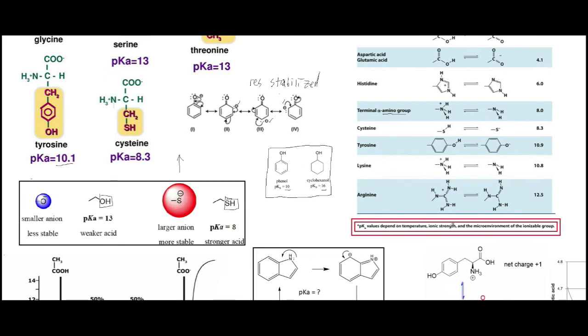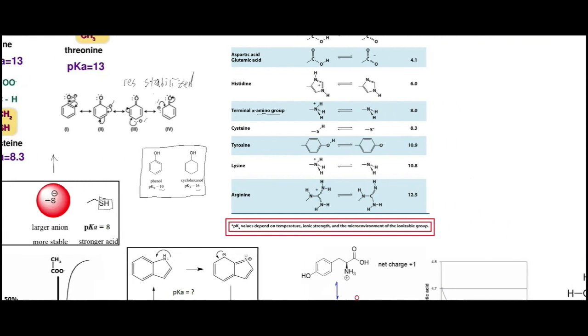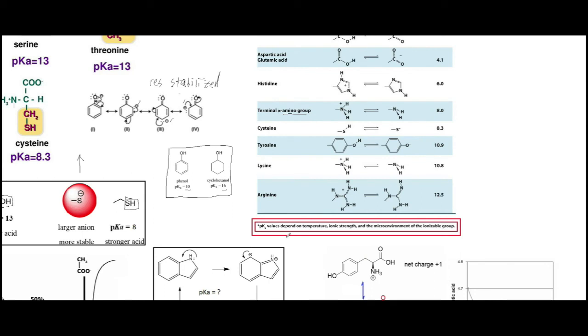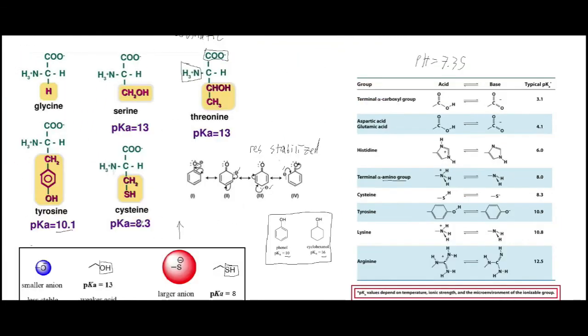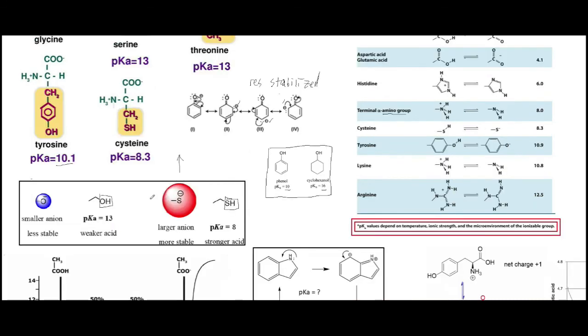I have this double boxed here, and it says that the pKa values depend on temperature, ionic strength, and the microenvironment of the ionizable group. That's why a lot of times you will see pKa's for different amino acids, or even other acids, being slightly different from each other.